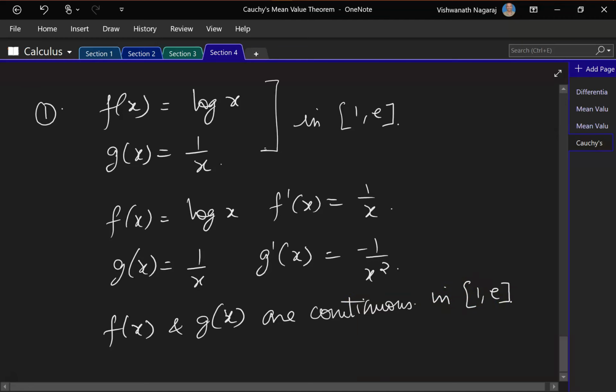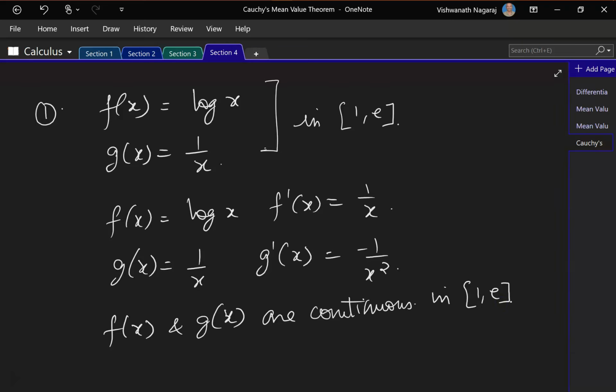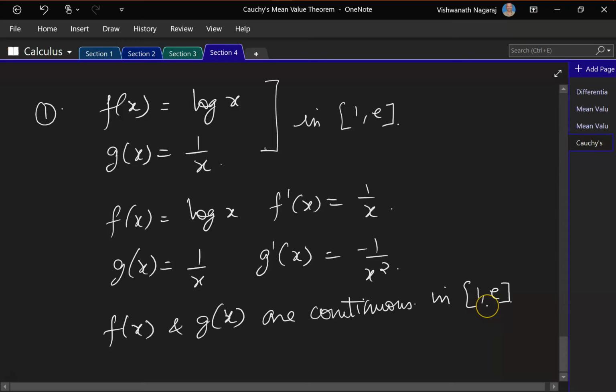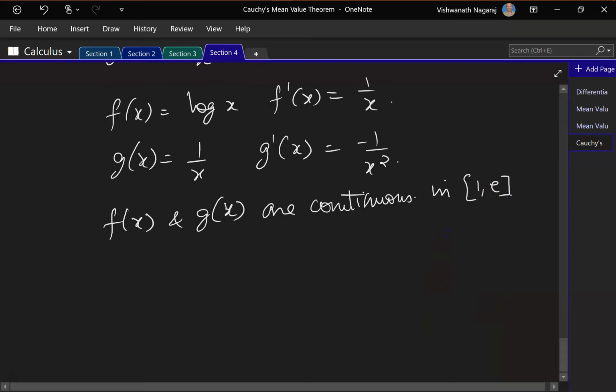We can't say that f of x itself is continuous, or g of x is continuous. What we are focusing on is the interval 1 comma e. In that interval it is continuous.